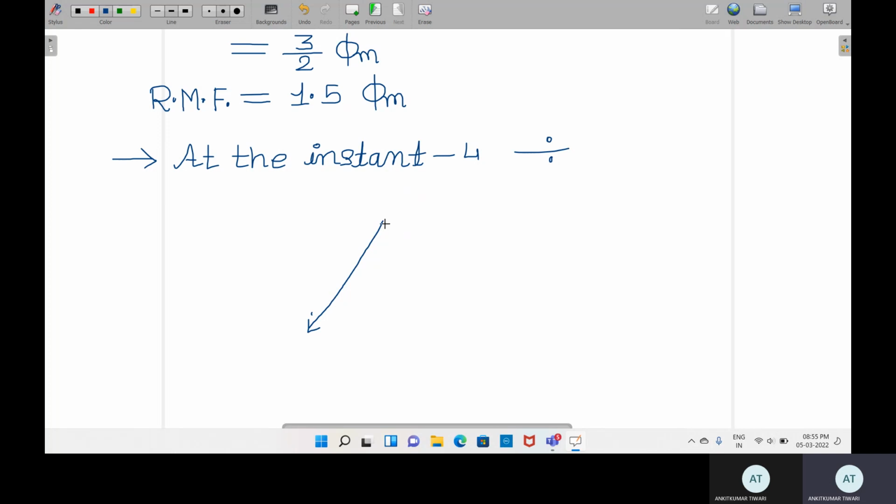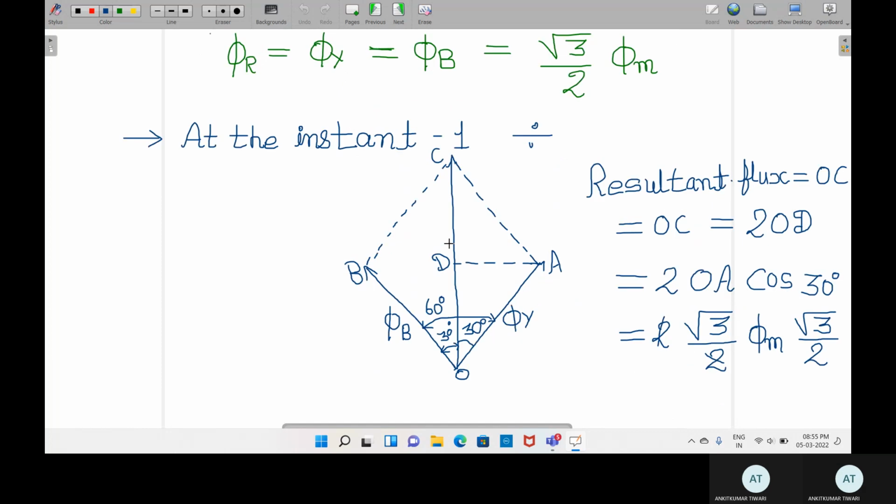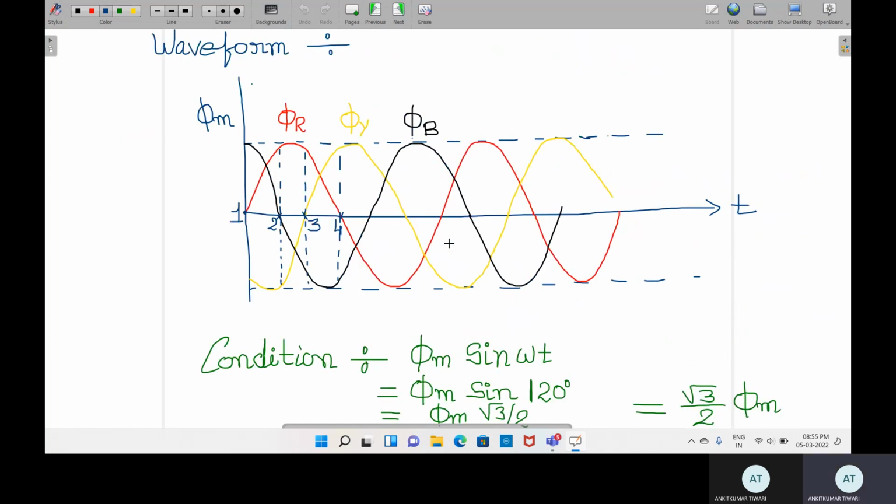So this is phi y, O. OB will be considered, OA will be considered, whatever. At the instant 4, your phi y has been drawn, and phi b is negative and phi r is 0.